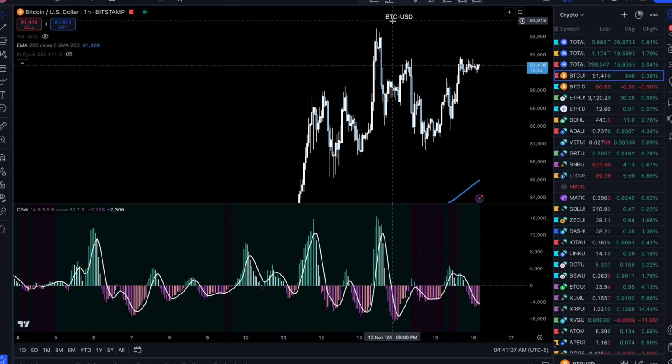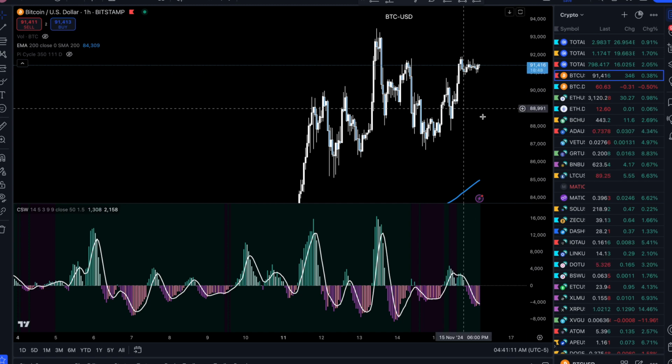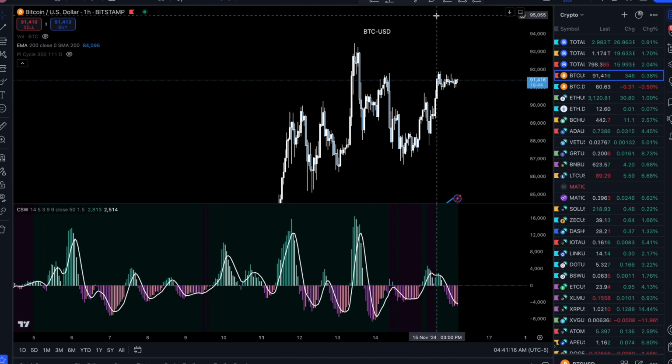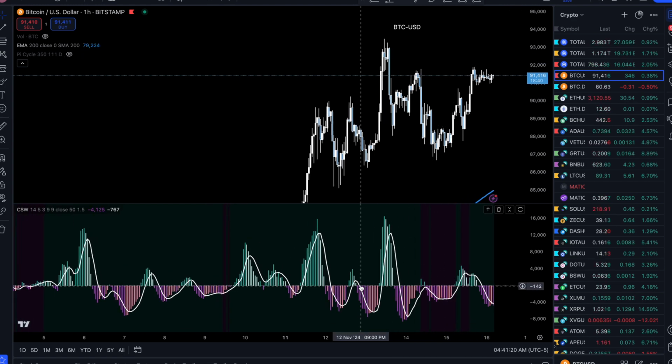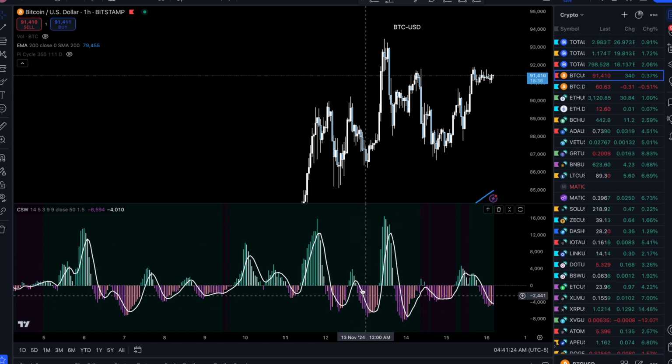We have Bitcoin right here on the 1 hour time frame, with the latest price above 90k. Now I'm going to show you exactly how the indicator works. You can see the price going down, and on the indicator the white line crossed below the 0.